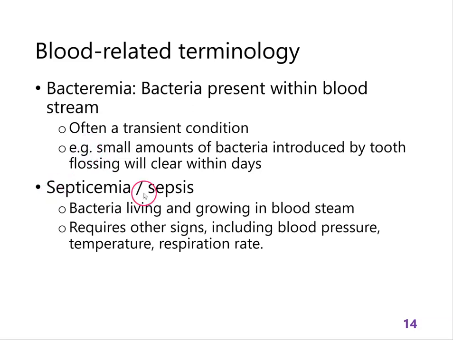But that's different from sepsis. Sepsis is when you have bacteria actually growing in the bloodstream and the immune system is not effectively controlling it. And sepsis is surprisingly hard to diagnose. When we cover this in this class, I urge you to practice knowing how to spot sepsis.